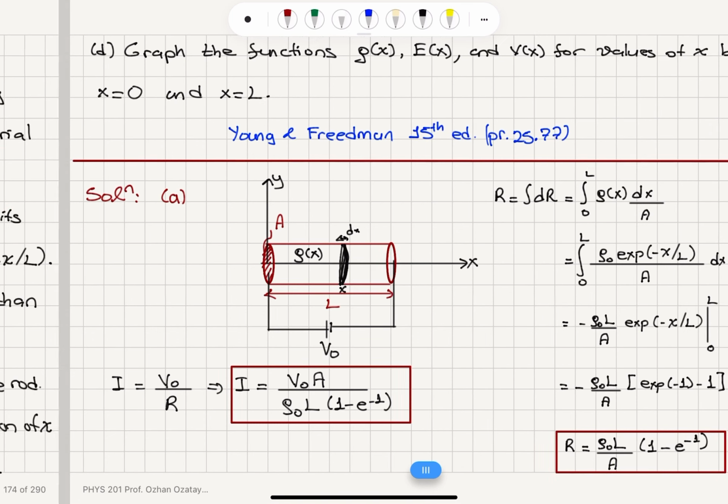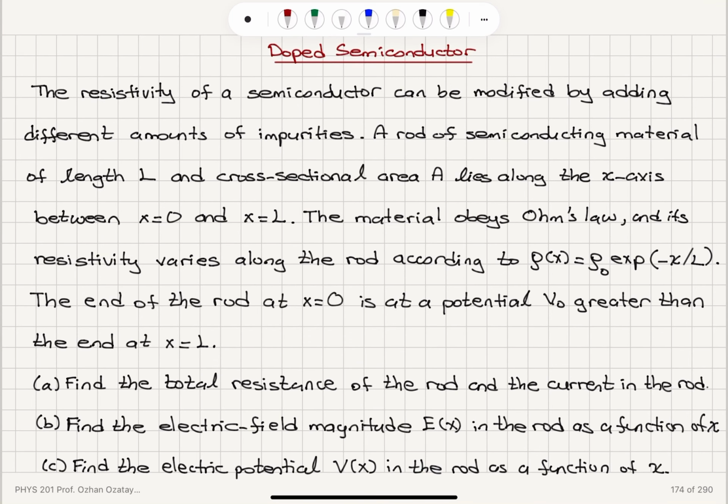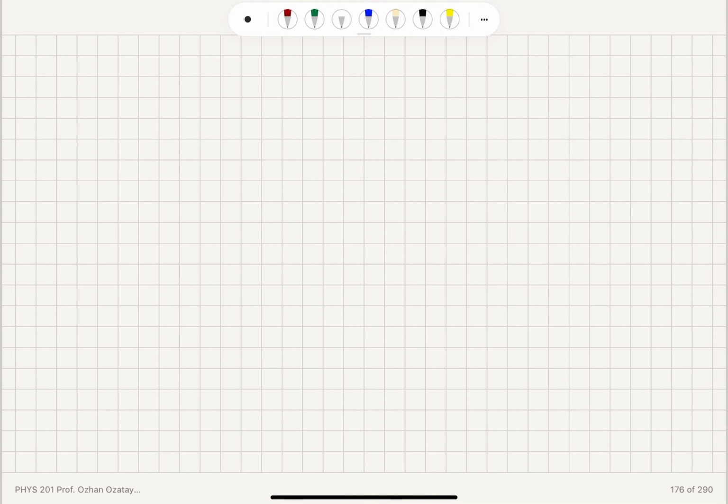Now moving to part B, find the electric field magnitude E of x in the rod as a function of x. Now, there is a relationship between the current density and the electric field. That's Ohm's law.